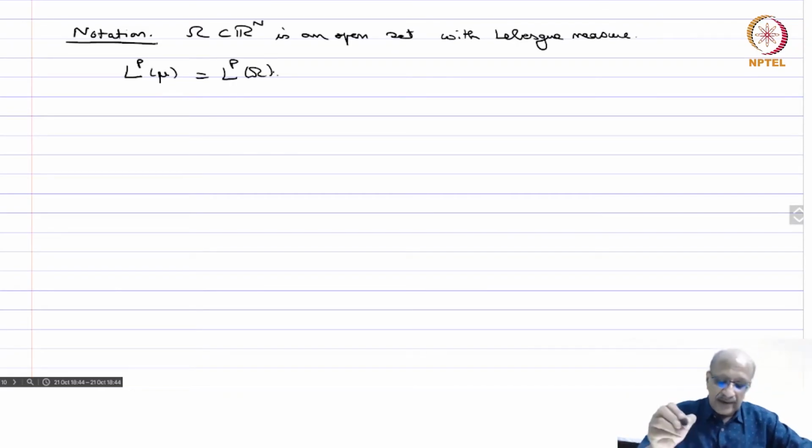Because we understand we don't have to specify the measure, we know the measure is the Lebesgue measure; we want to know what set we are working on, and so we put the space Lp of omega.